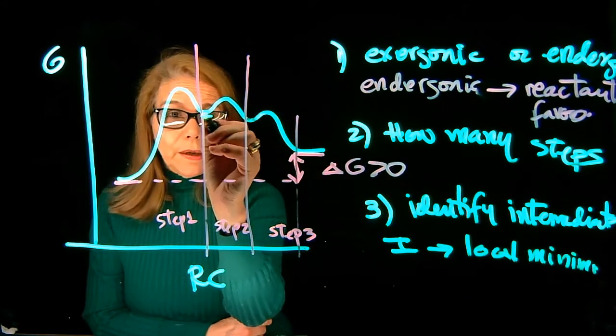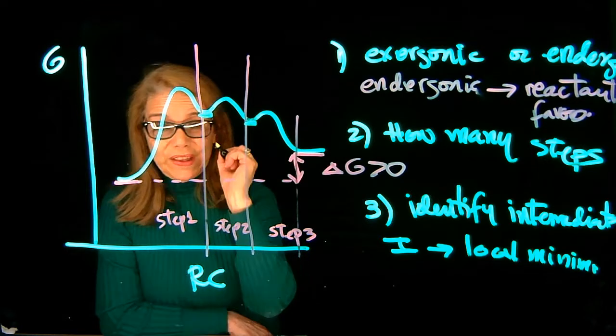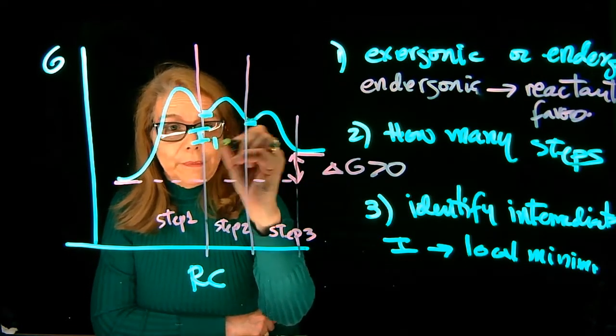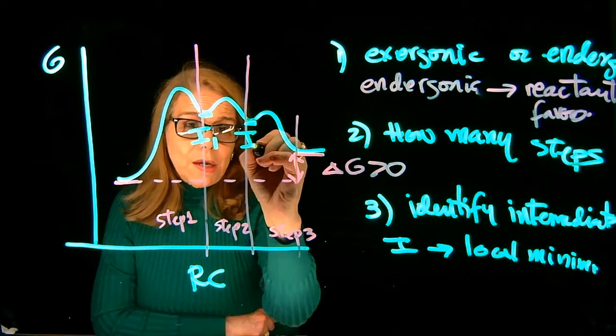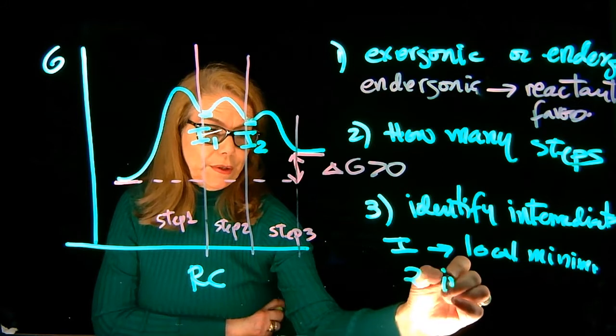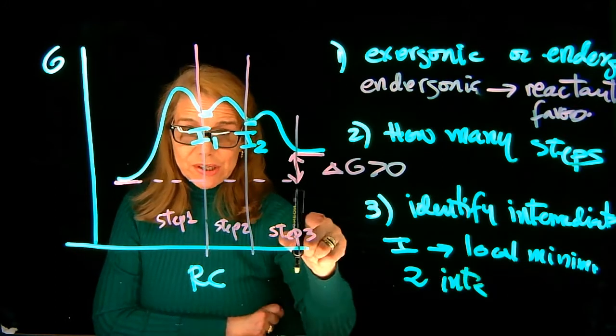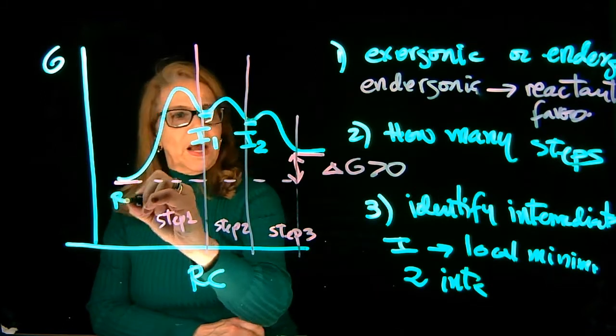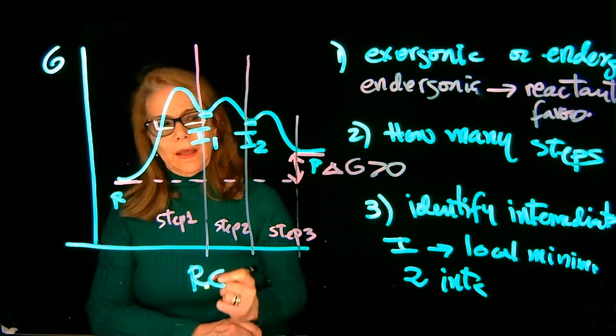So this is a minimum, this is a minimum. So this reaction profile has 2 intermediates. I'm going to name them intermediate 1 and intermediate 2. So my answer here: I have 2 intermediates. The reaction is 3 steps, 2 intermediates. The reaction is endergonic, reactants to products, we say that.